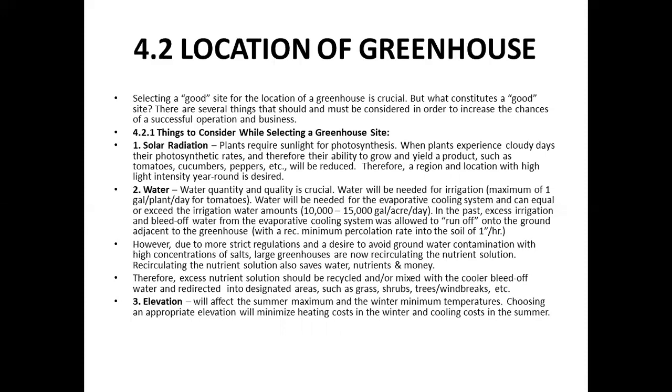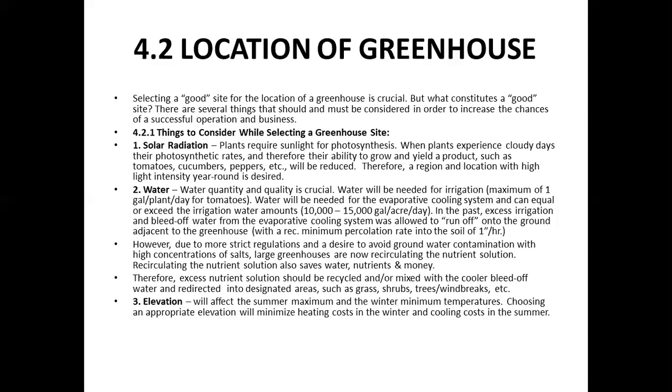Also, they have stated that this excess irrigation water and the bleed of water from the evaporative cooling system is allowed to drain off to the ground at the percolation rate of 1 inch per hour.